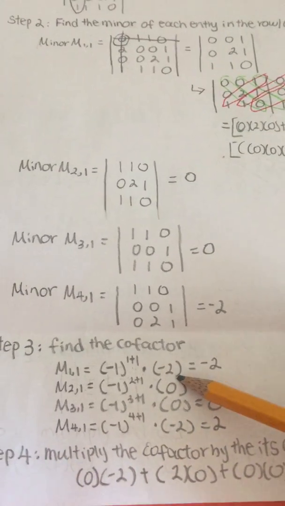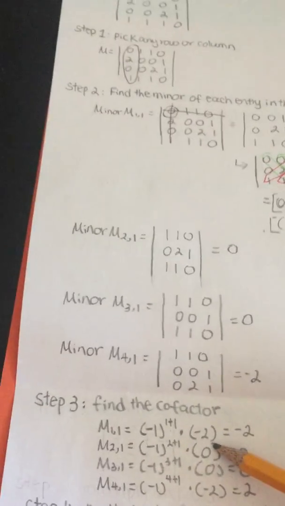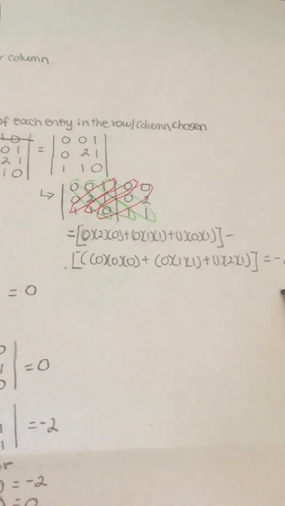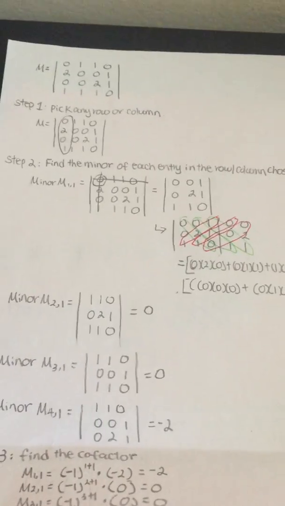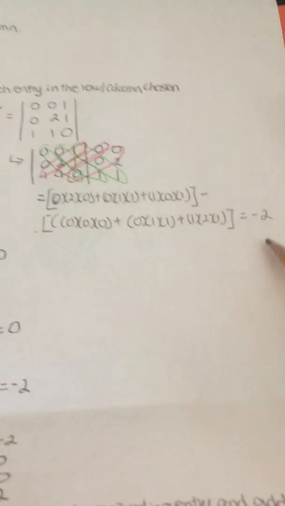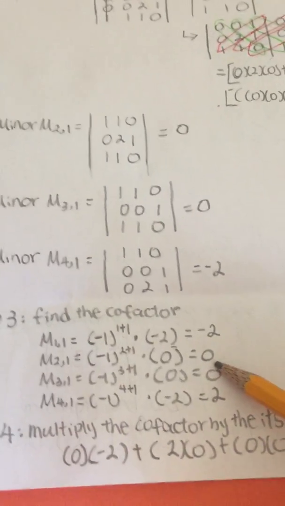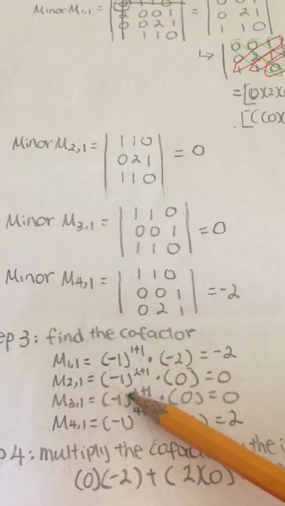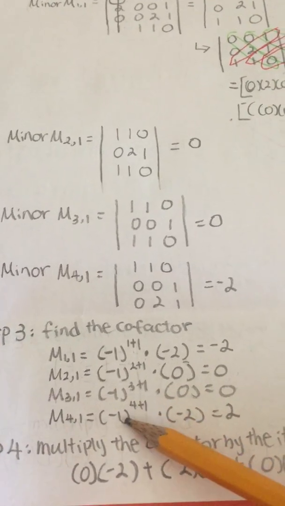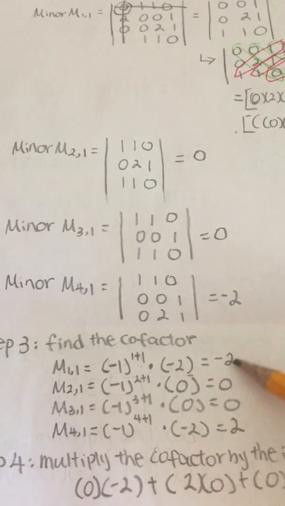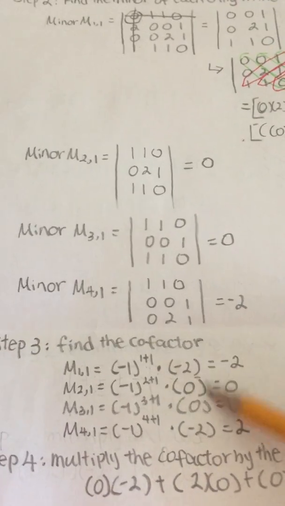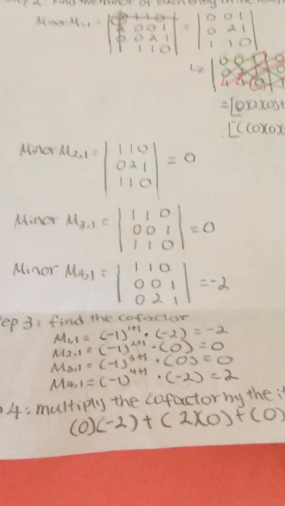The reason why I multiplied that by -2 is because we know from here that the minor for the 1, 1 position is -2. So I would do the same thing for the entries 2, 1, 3, 1, and 4, 1, and these are the cofactors for these entries.